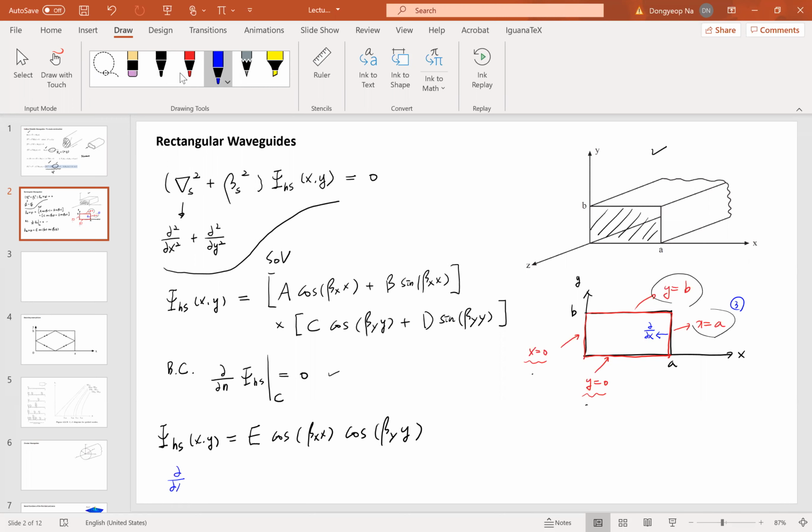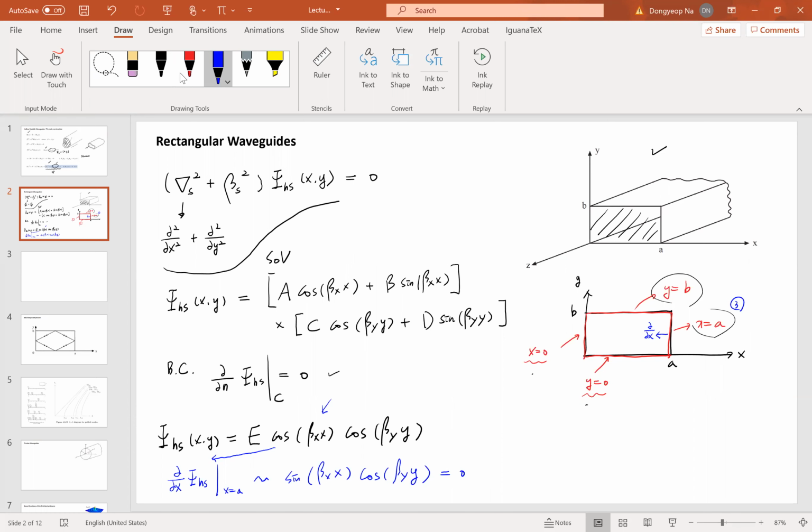If we apply the partial x, when x is equal to a, plugging this expression in, it's going to be proportional to sine beta x and cosine beta y, just differentiating this cosine function.